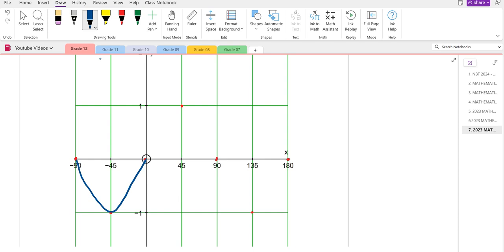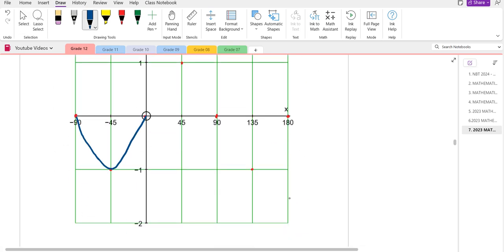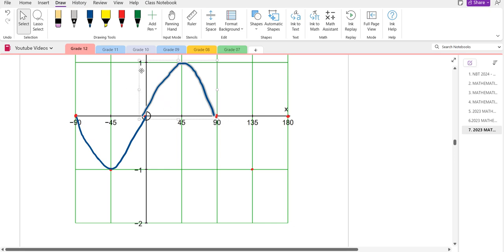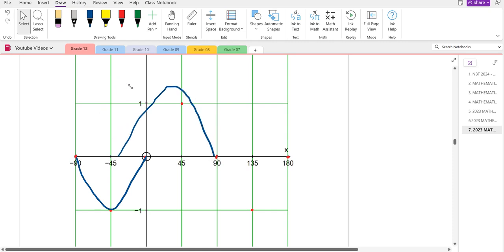Which is a sine 2x graph, okay? Just make sure you get some nice points here, right?